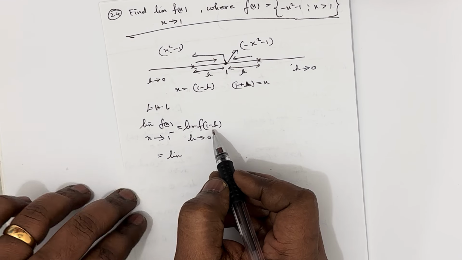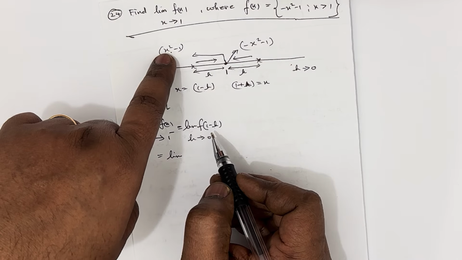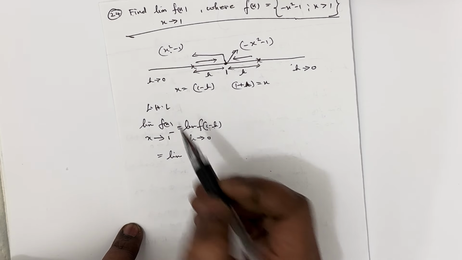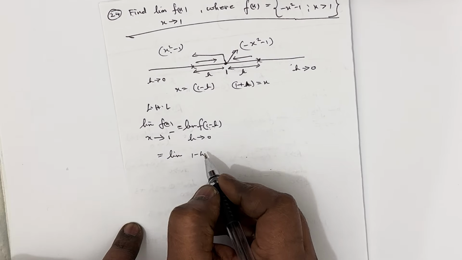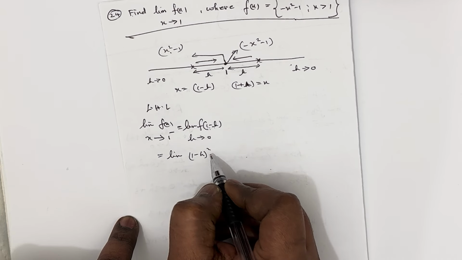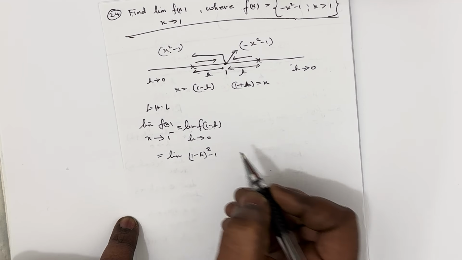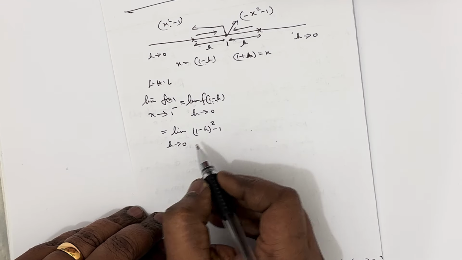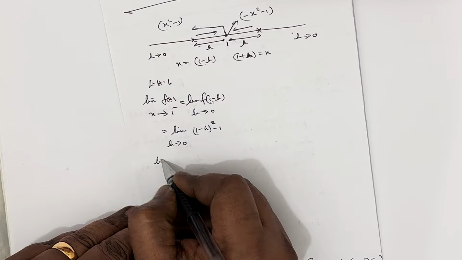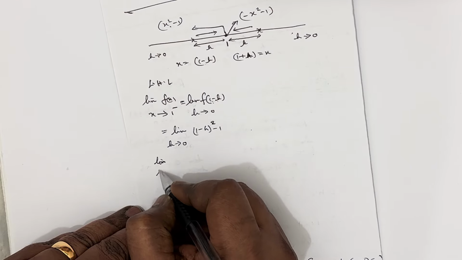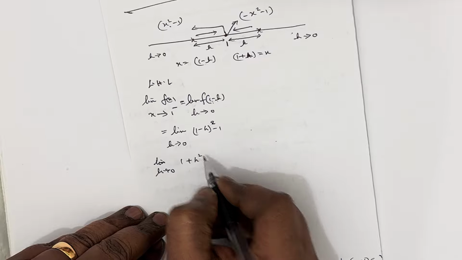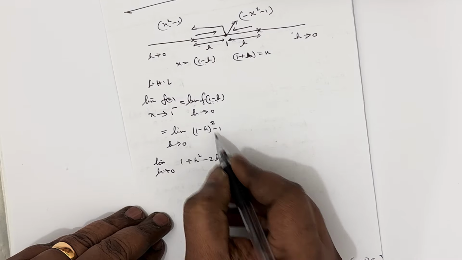Let's replace x with 1 minus h. So it becomes (1 minus h) whole squared minus 1, as h tends to 0. Now this is (a minus b) whole squared, so let's expand it: limit h tends to 0 of 1 squared plus h squared minus 2h minus 1.